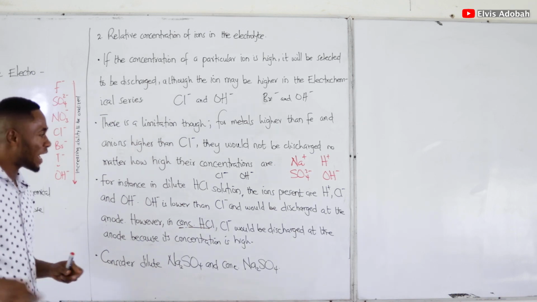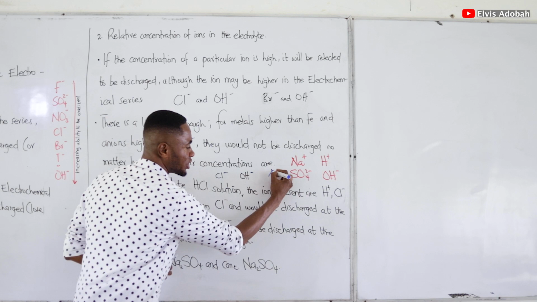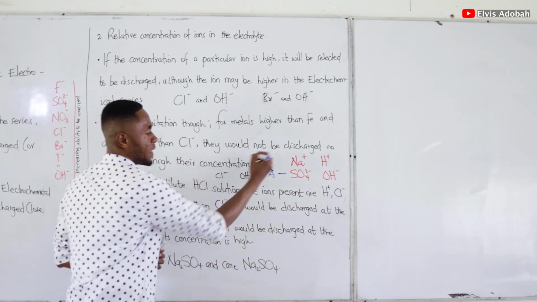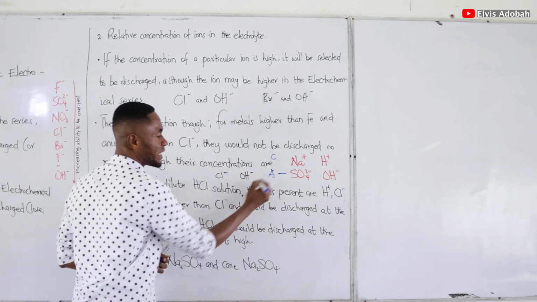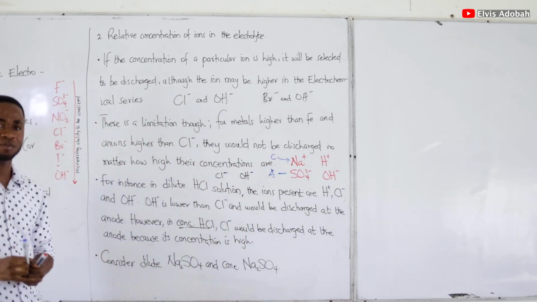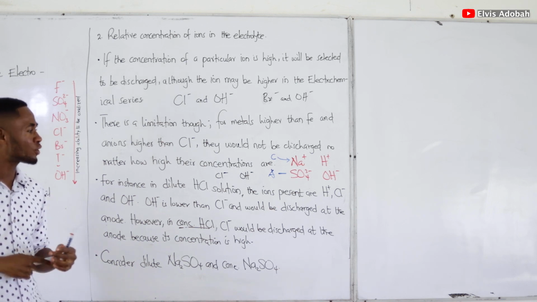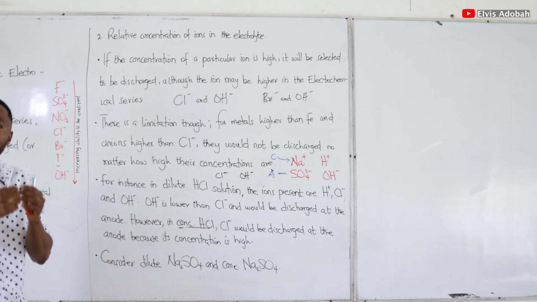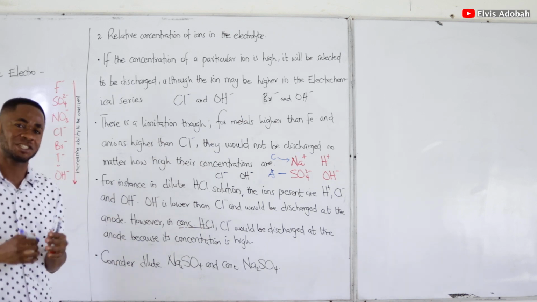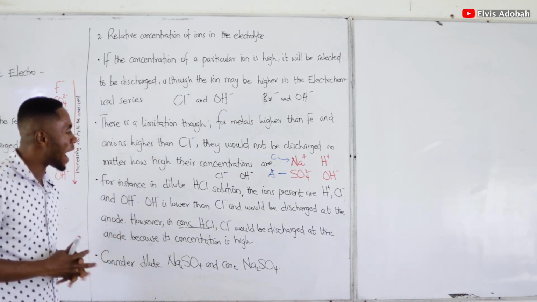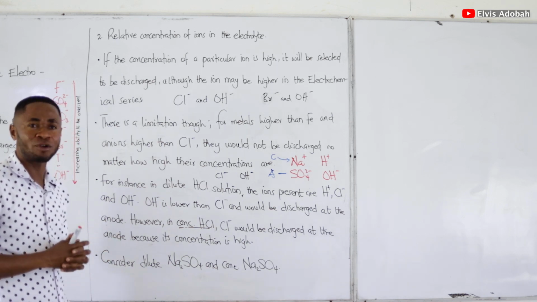The anode is positively charged, so it will attract the negatively charged ions. The cathode is negatively charged, so it will attract the positively charged ions. So let's look at the cathode, let's look at the anode, and talk about who will be discharged. First, the cathode. The cathode has two ions, sodium ions, hydrogen ions.